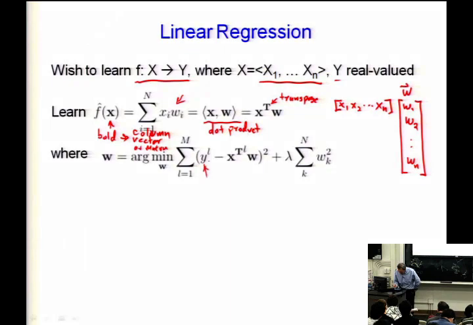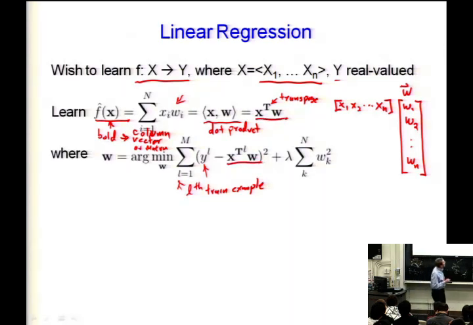This y, of course, is the value we're trying to predict on the ith training example. And of course, I'm going to predict it using this function here, which I can write this way.